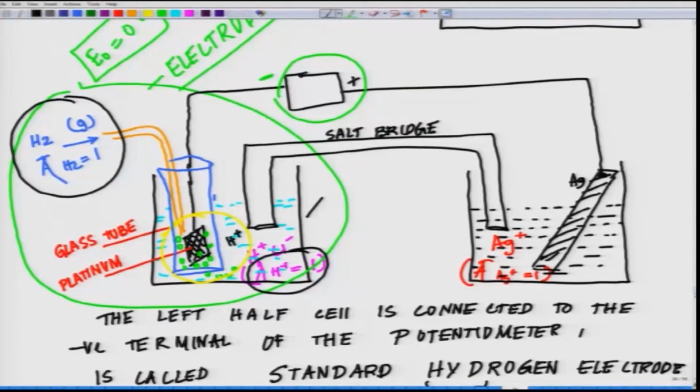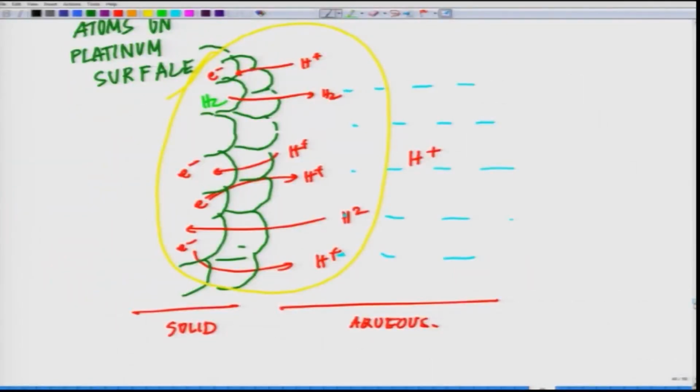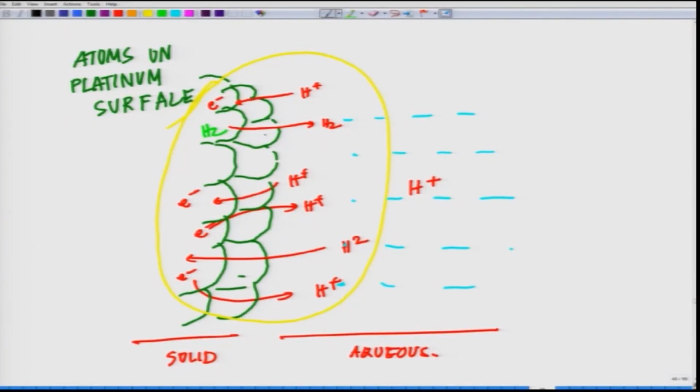This is the platinum surface shown in green, and this is the aqueous medium where H plus ions are present.